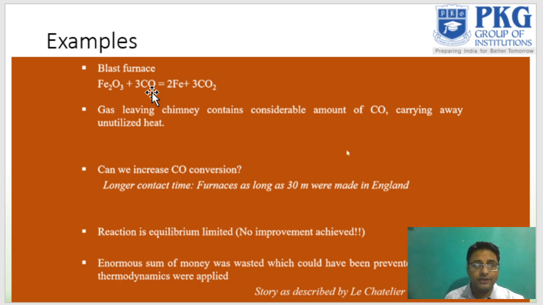And the reaction is equilibrium limited. We can control this if we know about thermodynamics. According to the Le Chatelier principle, an enormous sum of money was wasted which could have been prevented if the laws of thermodynamics were applied.